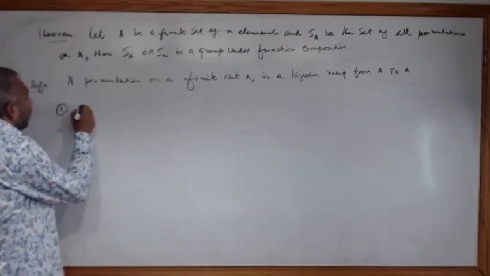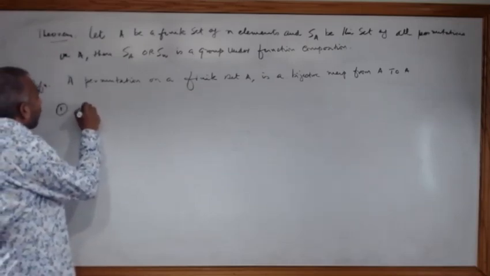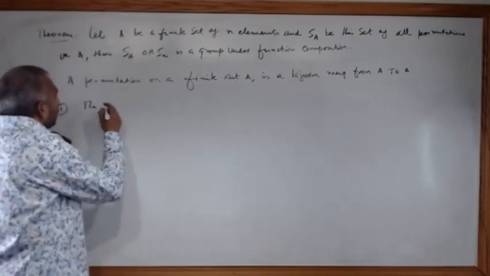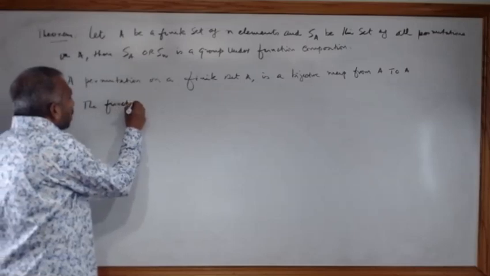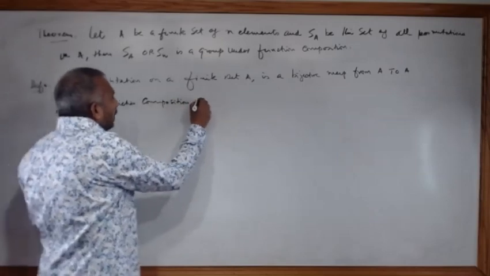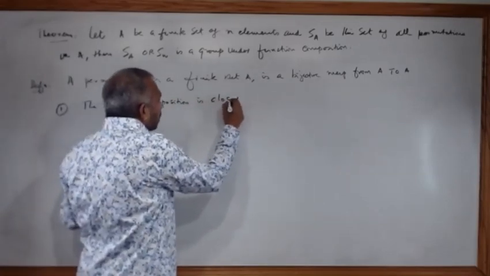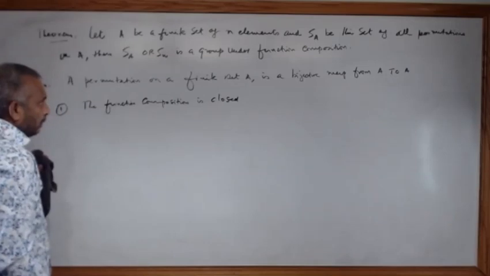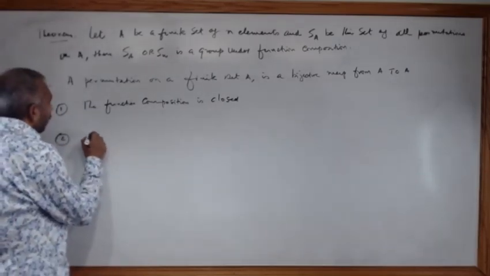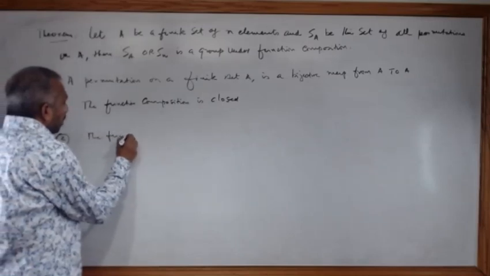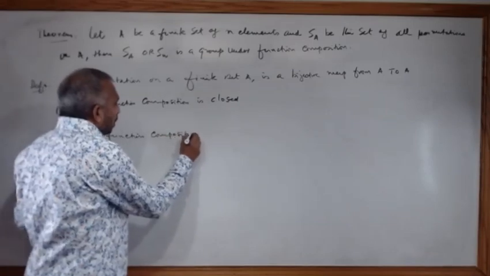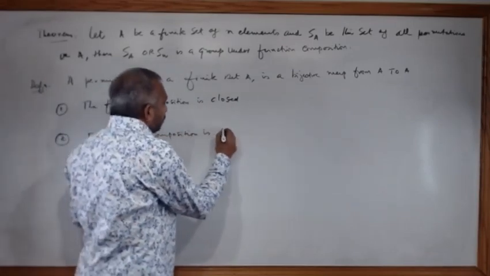The binary operation, function composition, is closed. Second, function composition is associative.